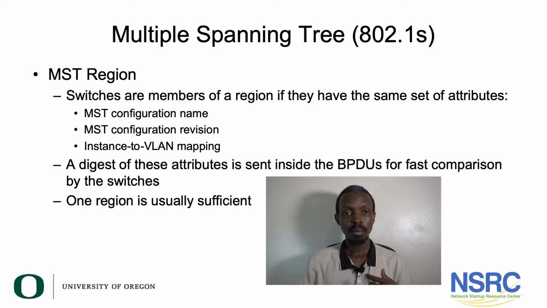Inside the BPDUs, you have a digest of these attributes so that the switches can quickly compare whether this BPDU belongs to something in the same region as the switch or in a different region. Again, one region usually is sufficient for even very, very large switched networks where you have lots and lots of switching with very little routing.